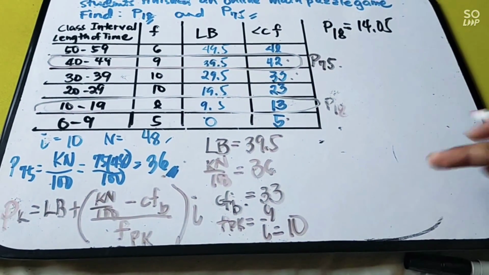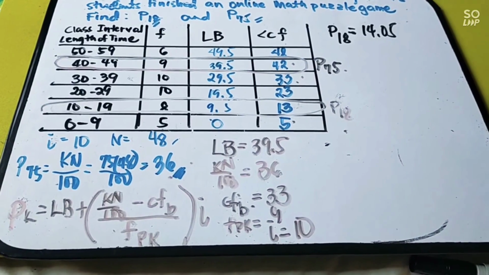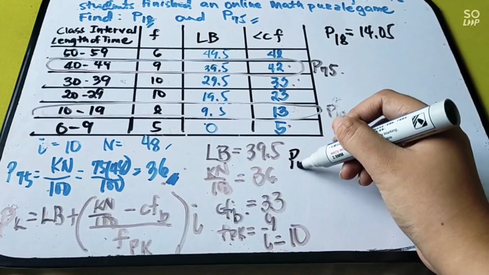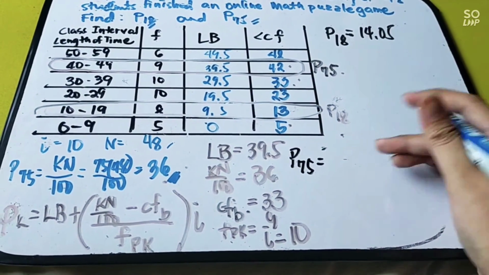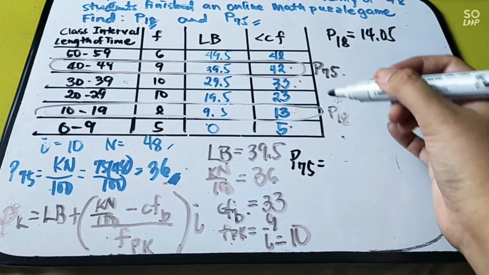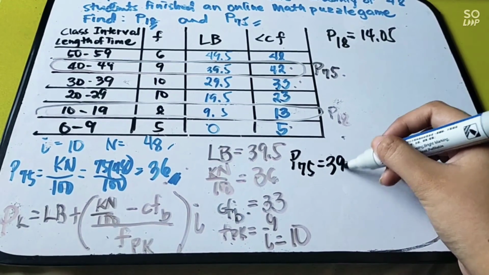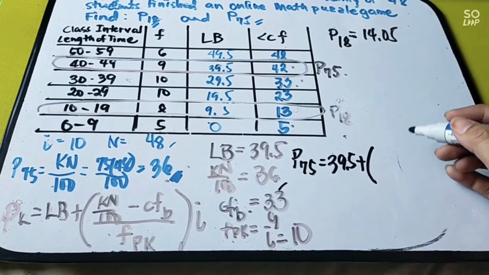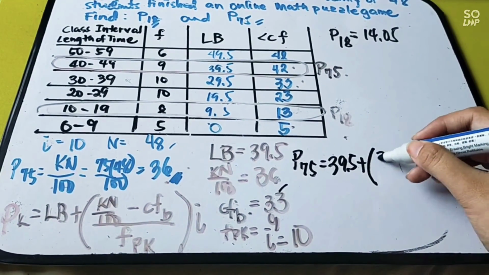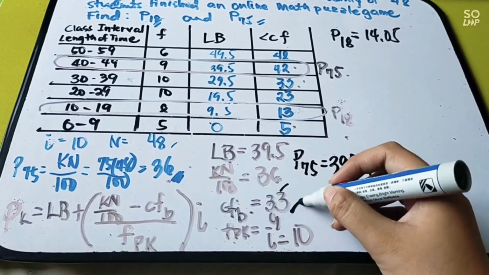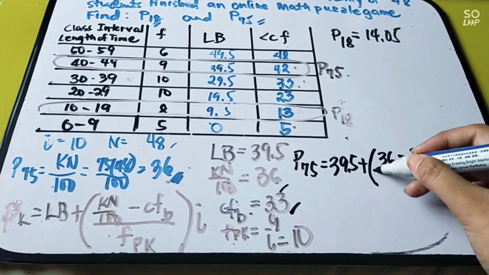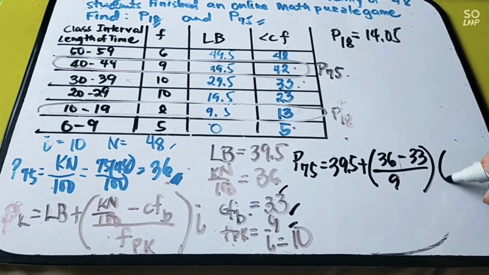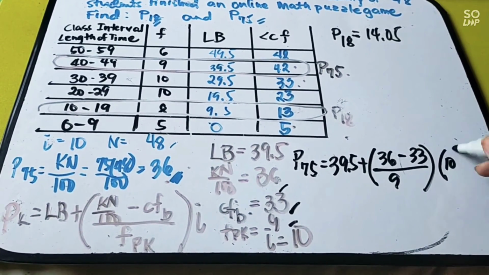Ayan. Then, let us substitute your given to your formula. P sub 75, we have your lower class boundaries of 39.5 plus we have your Kn over 100, which is 36. Then, subtract mo dito, which is 33. Then, divide mo dito, which is 9. Then, multiplied by your interval, which is 10.